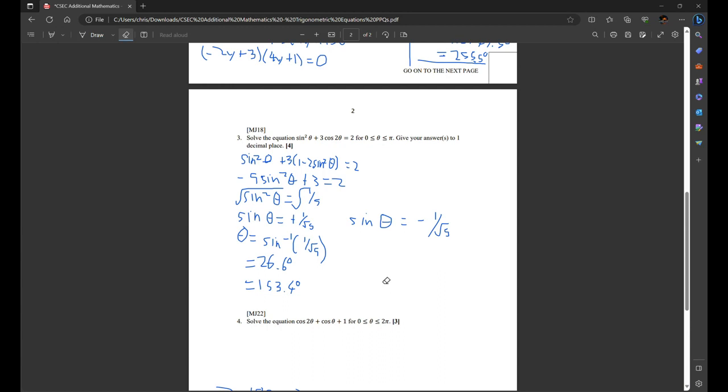So you know how to convert degrees to radians? You're going to multiply by pi over 180. So it's going to be pi over 180 multiplied by 26.6, which instead of 26.6 gives me 0.5.